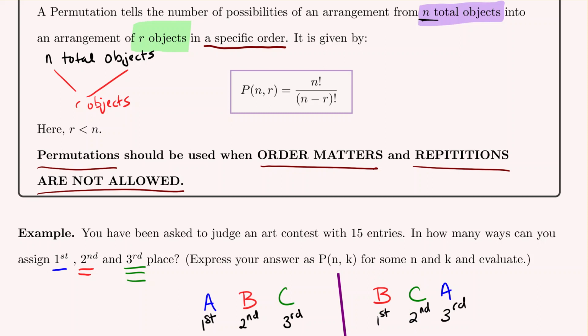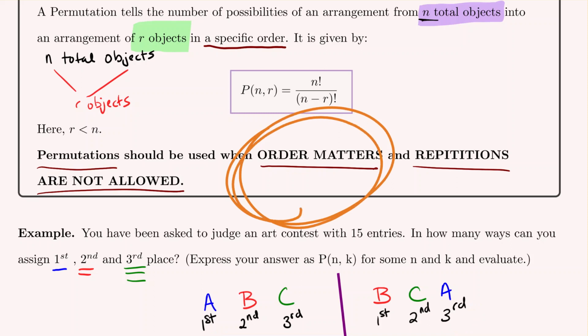A would get third place. Notice in both of these options, I've used the same three letters, A, B, C, but because order matters, if I picked A first, that's a situation where A would get first place. Whereas in this situation, A was picked last, so it got third place. So hopefully with this, we can see it doesn't just matter that we pick three objects, it matters the order in which we pick them because that will say which is assigned first, second, or third place. So that's why order matters here.